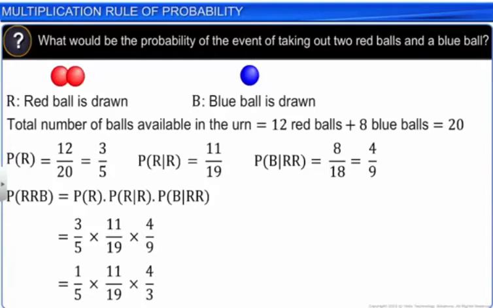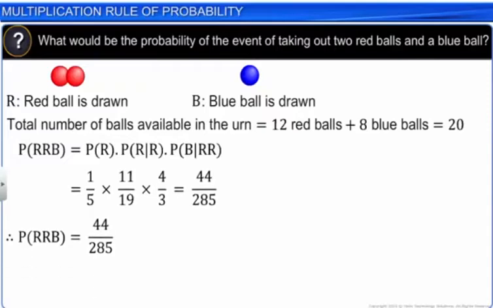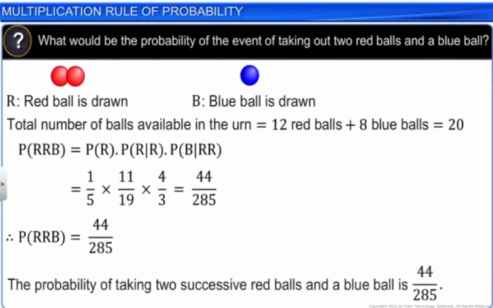On simplifying, we get 44 divided by 285. Therefore, the probability of RRB is equal to 44 divided by 285. Hence, the probability of taking 2 successive red balls and a blue ball is equal to 44 divided by 285.